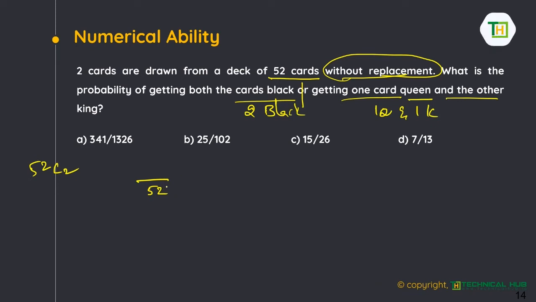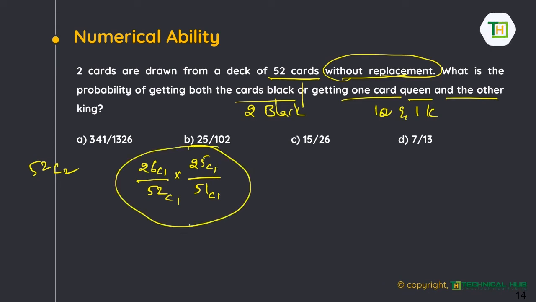The first card being black happens in 26 ways: 26C1 divided by 52C1, and after that you are left with only 51 cards. That card is not replaced in the deck. So here it is 51C1 and 25C1. This value is 26 into 25, that is 650, divided by 52 into 51.